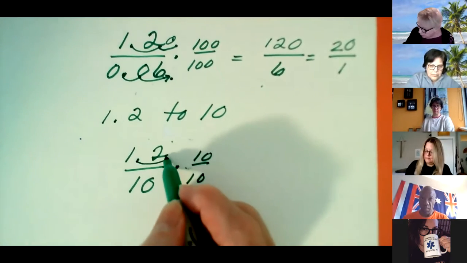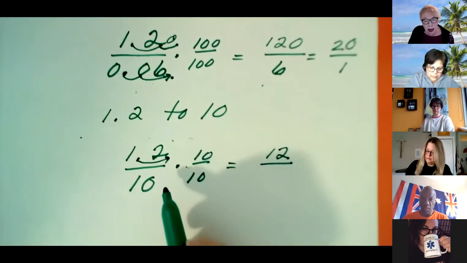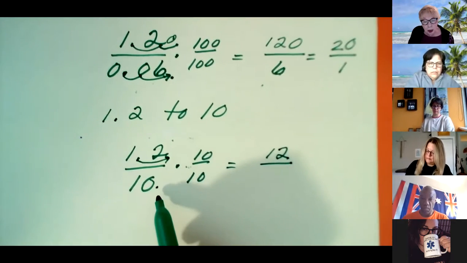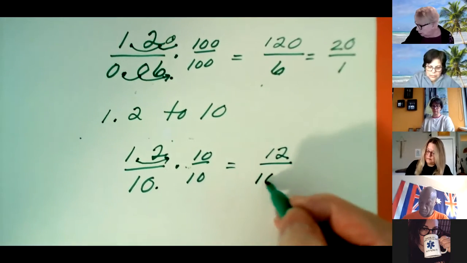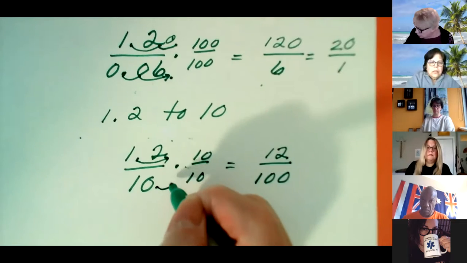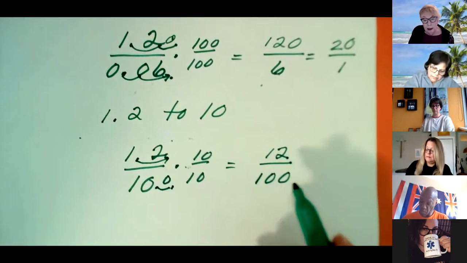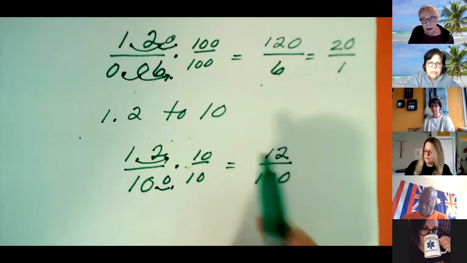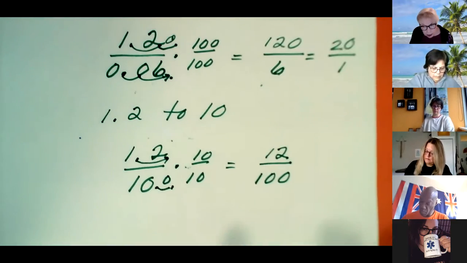So 10 for this one would give me a 12 again, but I have to be fair and multiply this by 10. So either I say 10 times 10 is 100, or I say multiplying by 10 shifts the decimal one. Either way, it's 100. And so now I've got something that's without decimals and I can deal with it.